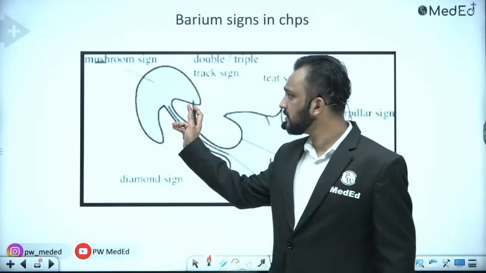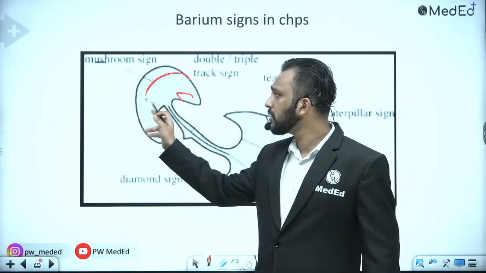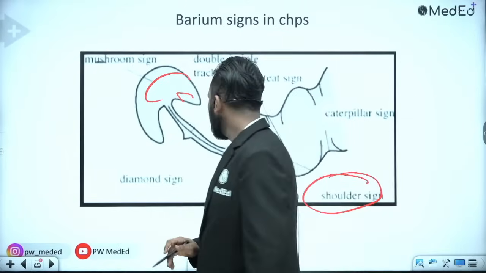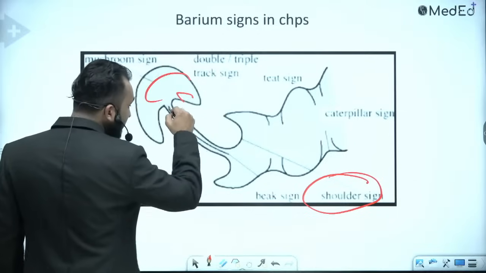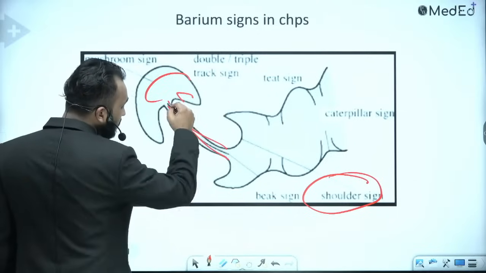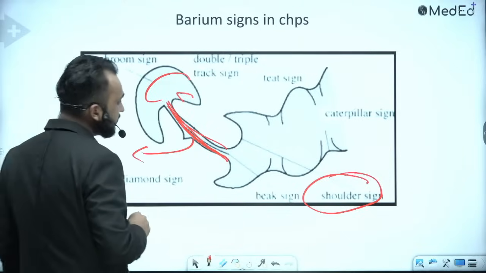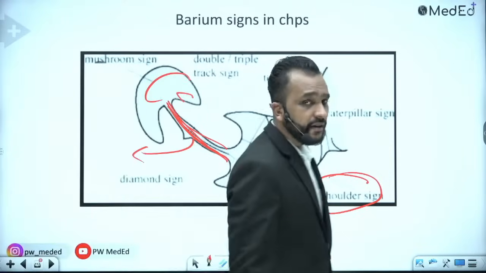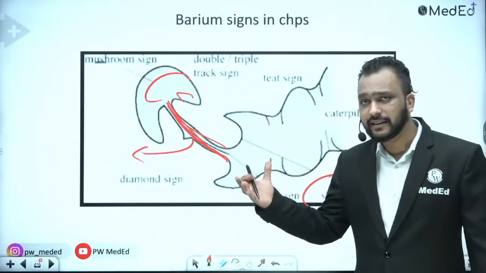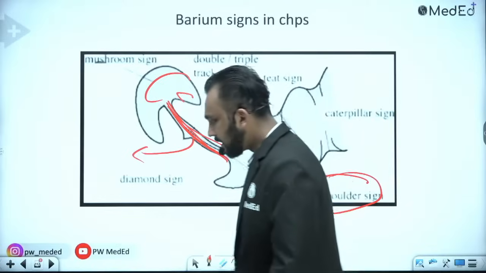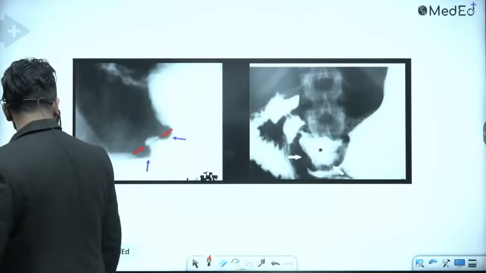When this pylorus is indenting into the duodenum, it gives a sign known as mushroom sign. And narrowing of the pylorus gives the string sign of Kirklin. And caterpillar sign is nothing but hyperperistalsis of the stomach.